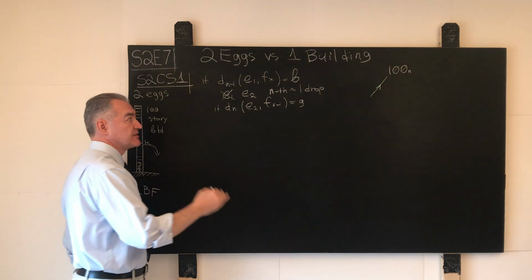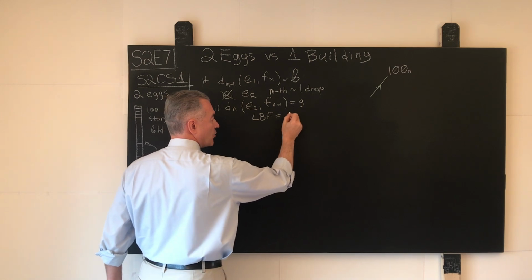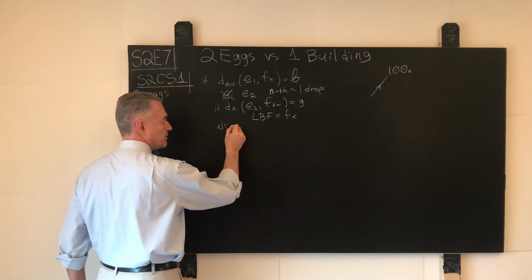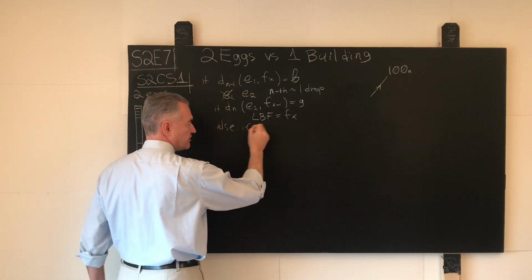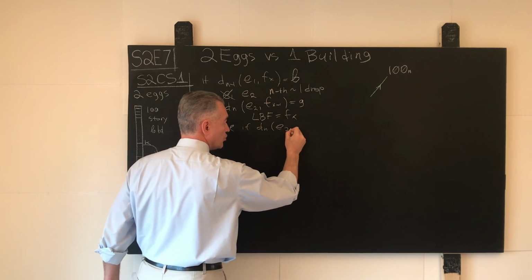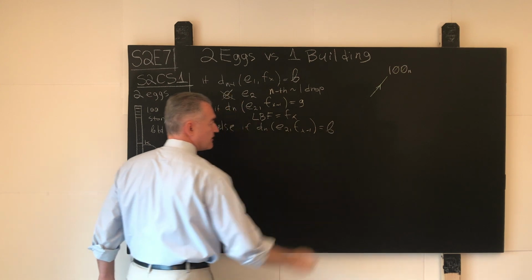Well, in that case, yes, it means that the LBF in this building for this egg will be f sub x, and else if, for example, we'll spell it out, if drop number n of the egg number 2 from the floor f sub x minus 1 was bad, that means what?